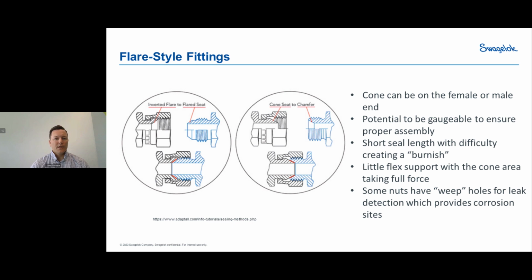So really what it does is it eliminates that soft good for sealing and relies on the interaction of two metal parts, namely a cone and then a receiving part for that cone, in a few different iterations you can see here, to create that seal. So these can be gaugeable, just like the O-ring fittings, but they have a very short seal length.